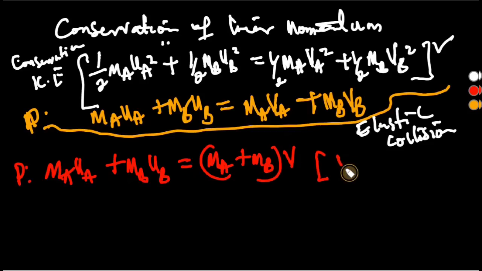It implies here that Va equals Vb, so you factor out one of the V's. So this is conservation of momentum for inelastic collision.